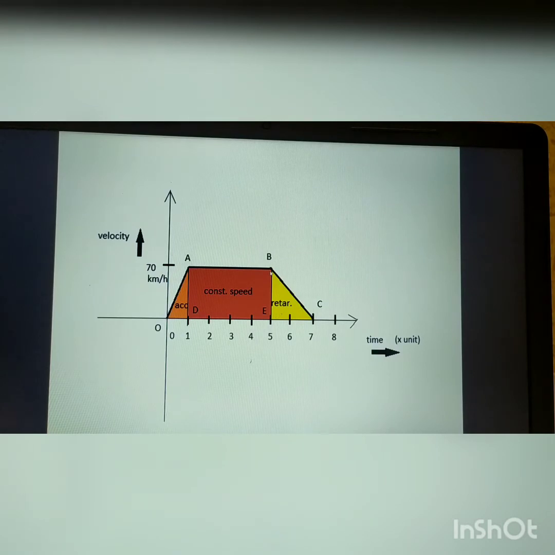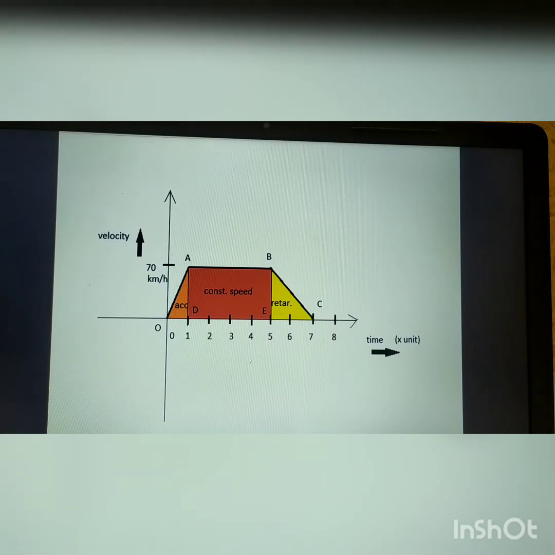Let's do that problem. The simple thing is, we will find the area under the curve, because dx/dt equals v, so dx equals v dt and x equals the integration of v dt. That will give you the area under the curve, which you will probably find in the definite integral chapter. So any area under the curve will be the integration of y dx or x dy.